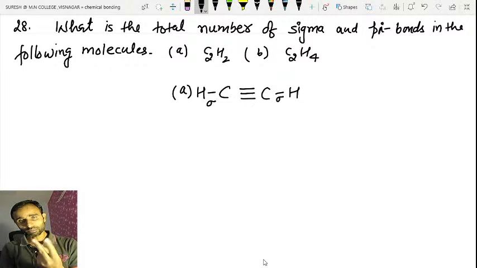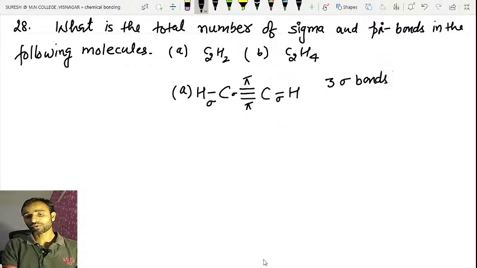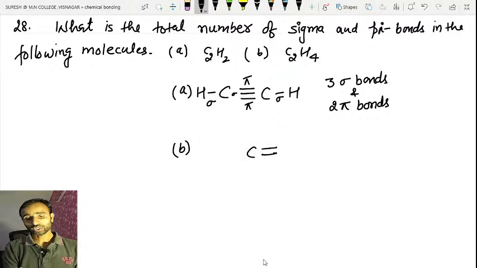The rest are pi bonds. That means these two are pi bonds and the one in the middle is sigma. So there are three sigma bonds and two pi bonds.